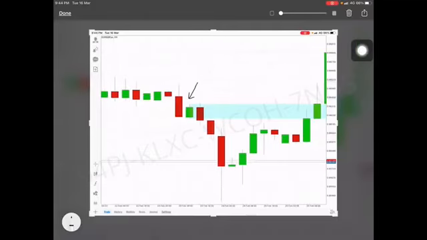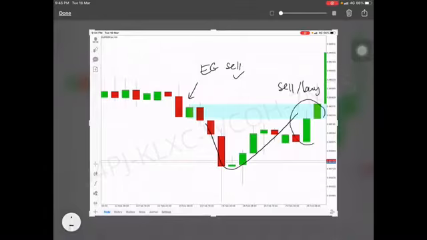Is it engulfing sell or engulfing buy? This one is sell. So engulfing sell. That is correct. So when the price comes to the zone, what are we looking for? Are we looking for sell or are we looking for buy? We're looking for buy. Nope. At this point, we are looking for sell.